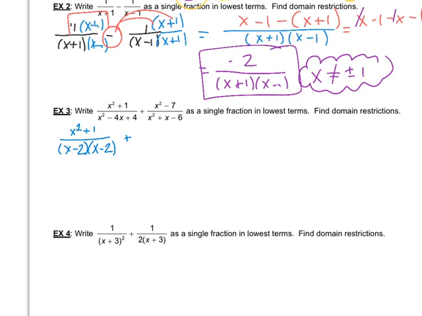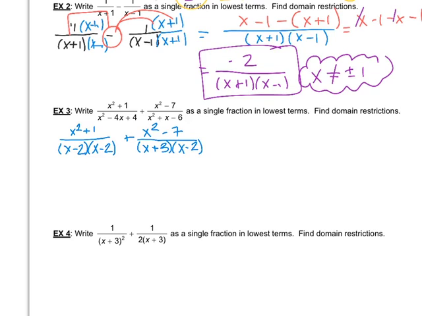It is a difference of squares, but we don't need to worry about factoring it because it's definitely not going to have a common factor, because 7 isn't a perfect square. The denominator does factor: what multiplies to -6 and adds to positive 1? That would be x plus 3, x minus 2.